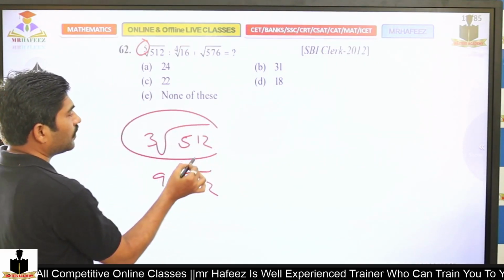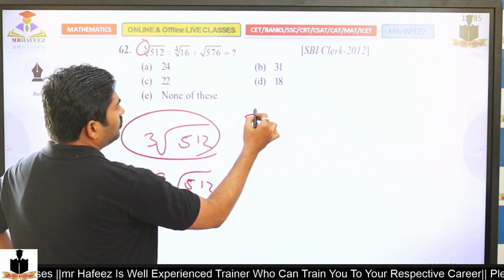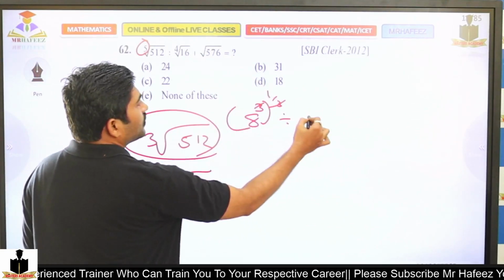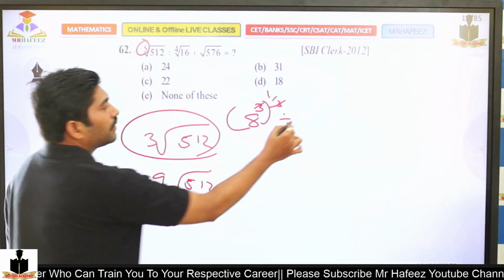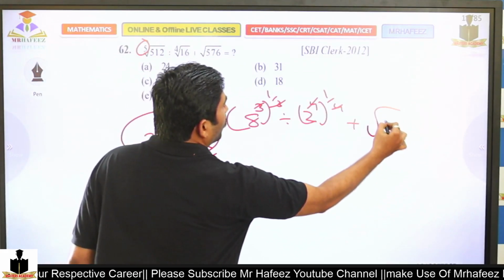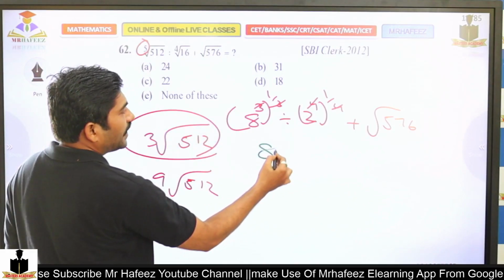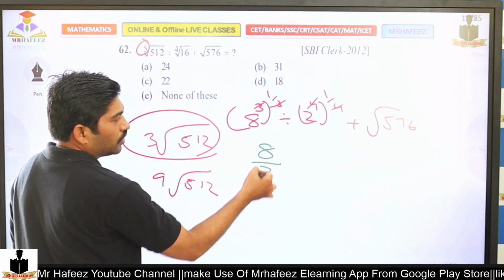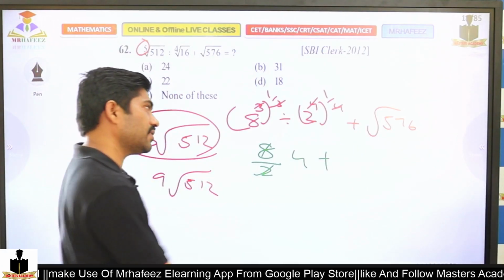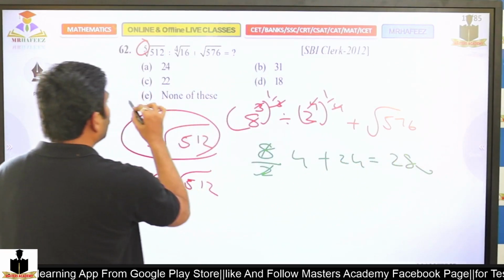If this is the question, 8 cube whole power 1 by 3 will get cancelled, divided by 2 power 4, and 4 will get cancelled, 2 power 4 whole power 1 by 4 will get cancelled, plus square root of 576. If this is the question, what will happen? So this is 8 divided by 2, this will be 4, plus square root of 576 is 24, so 28 is the answer. There is no 28, so none of the above.